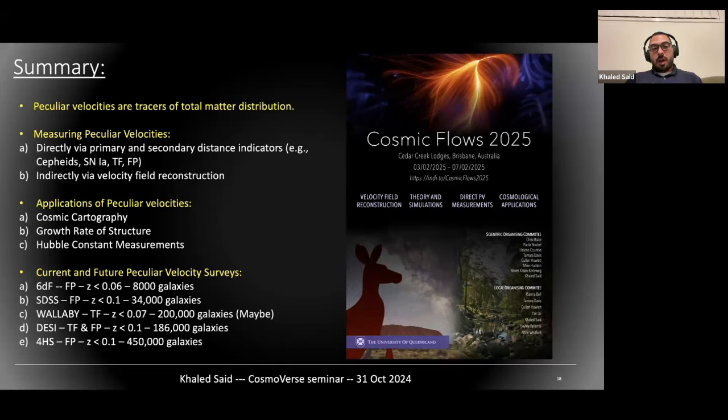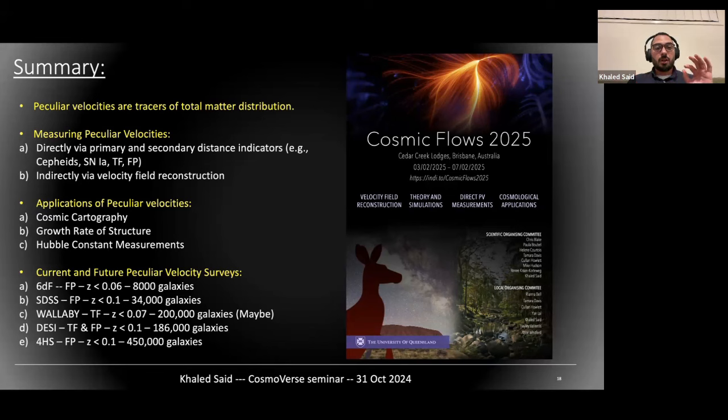And you can apply the peculiar velocities on themselves, they are very interesting. Some people are interested in doing cosmic cartography. They want to define where we live, where the next cluster to us is. But you can also do cosmological parameters like the growth rate of structure.